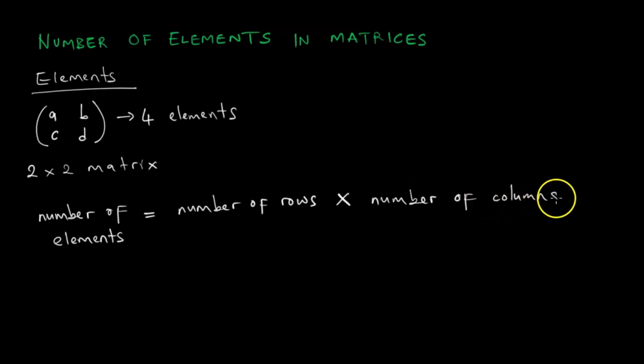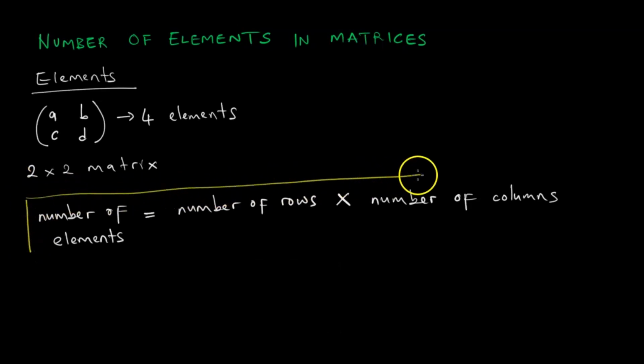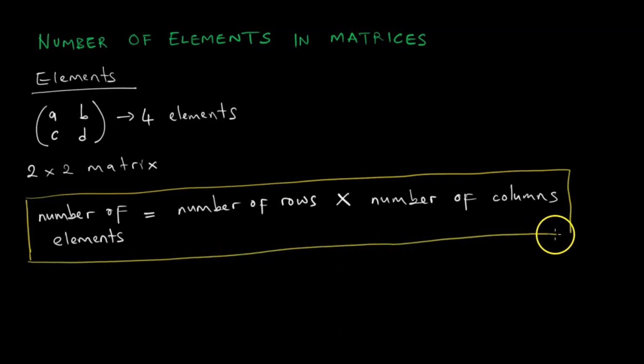This is what we are dealing with. Saka let me put this in a box because of its importance. Kana tichida kuziva kuti ma elements mangani mukati me matrix, tinongo multiply the number of rows times the number of columns. Like in this case, this is a square matrix, a 2 by 2 matrix.